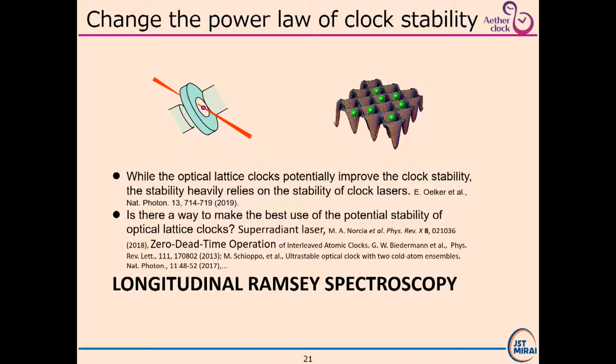The stability heavily relies on the stability of clock lasers, as impressively demonstrated by Junye using a cryogenic silicon cavity. And we are wondering if there is a way to make the best use of the potential stability of optical lattice clocks.